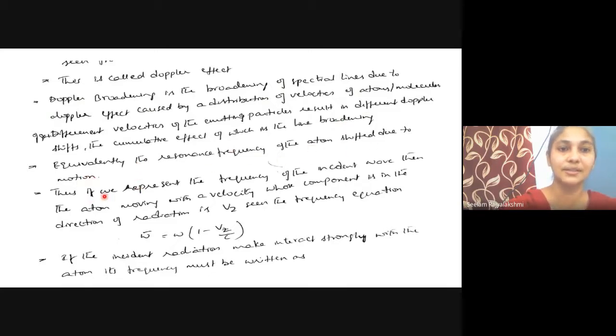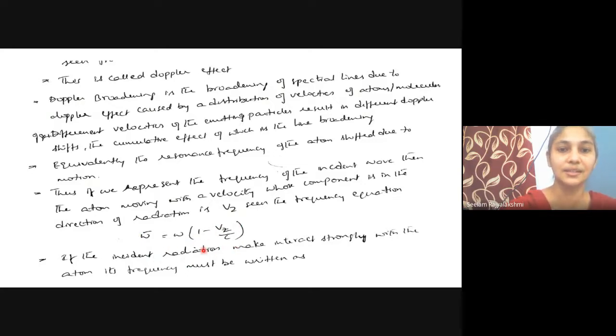If we represent the frequency of the incident wave, then for an atom moving with a velocity whose component in the direction of radiation is Vz, the frequency equation can be written as omega equals omega times (1 minus Vz by c).